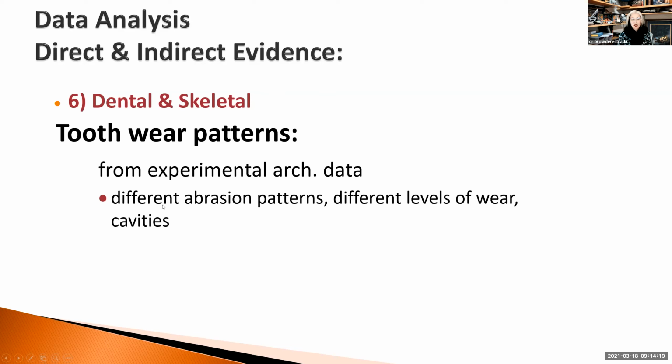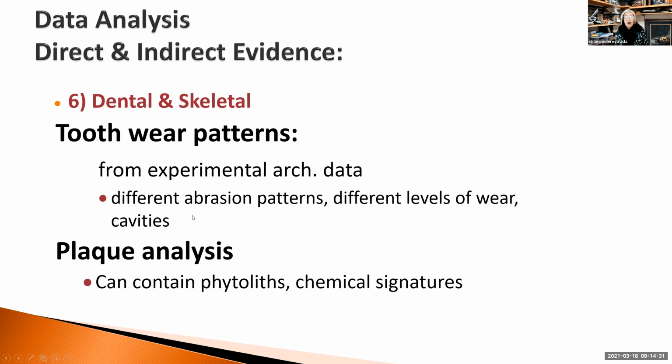Another one that's not really from chewing or force or rubbing, but that gives us a strong amount of information about dominance of certain things in the diet, is cavities. And then plaque analysis, that's a separate one. Plaque is the accumulation of things on the surface. So they can have phytoliths, right?